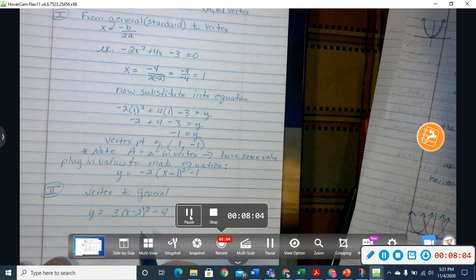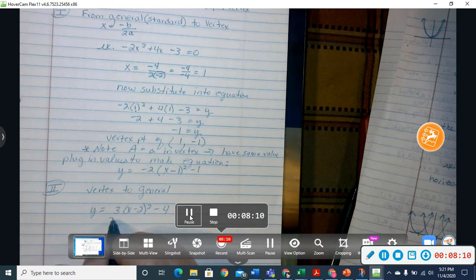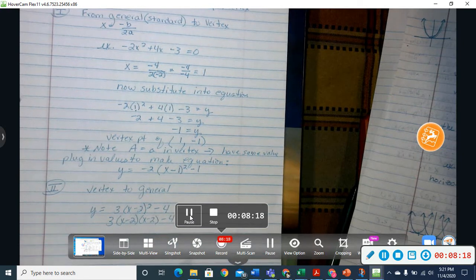In order to continue, we would multiply. When we square, of course, that means we're multiplying x minus 2 times x minus 2. So we want to do that square first.